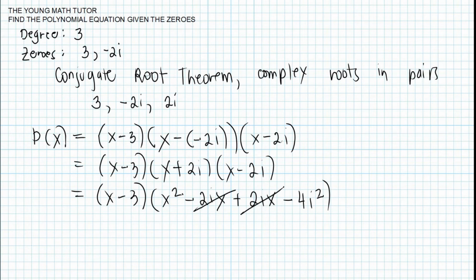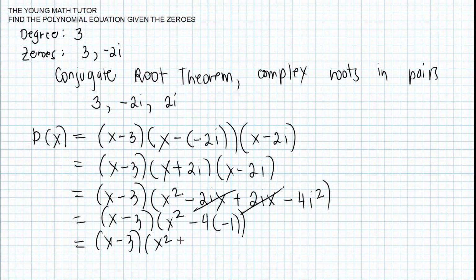So we will have x minus 3 multiplied to x squared minus 4i squared. So i squared is -1, so we can replace it with -1. So that's x minus 3 times x squared plus 4. And then we can just use FOIL again. So that's x cubed plus 4x minus 3x squared minus 12.